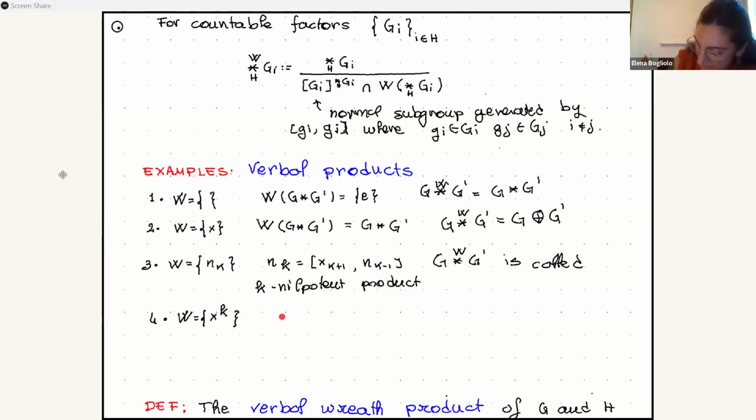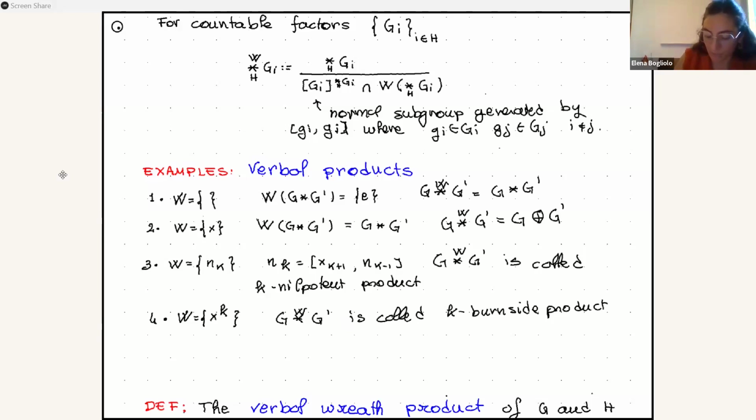And similarly for the Burnside case. If we consider the subset W that contains only the word x to the power of k, then the verbal product is going to be called the k-Burnside product.